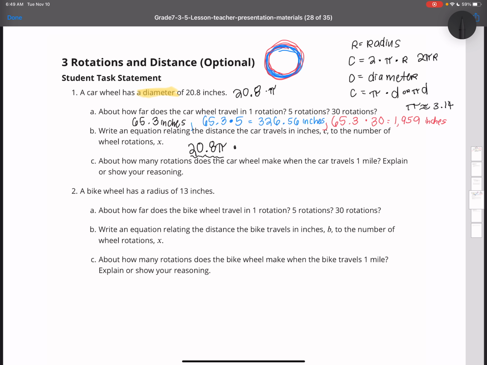We multiplied it by any given rotation number. They said let X represent the rotations, so we multiply that times X, and that was equivalent to our distance. So it's going to be 20 and 8/10 times pi times X, which is the number of rotations, and C will give me the distance traveled.